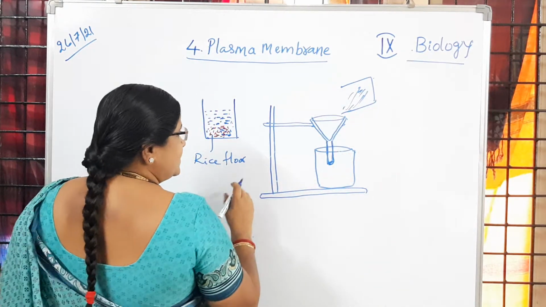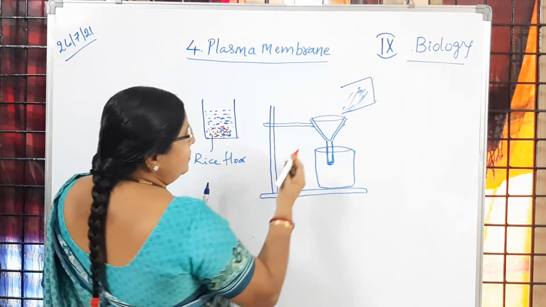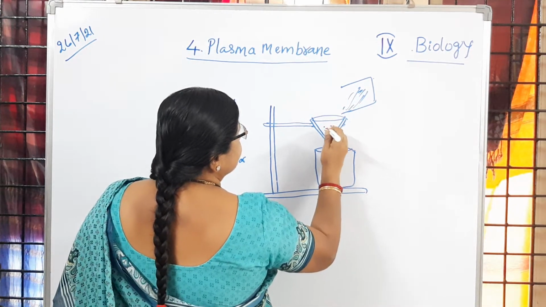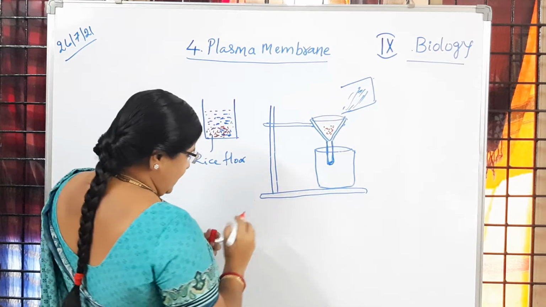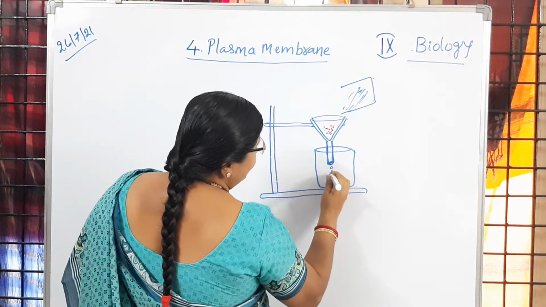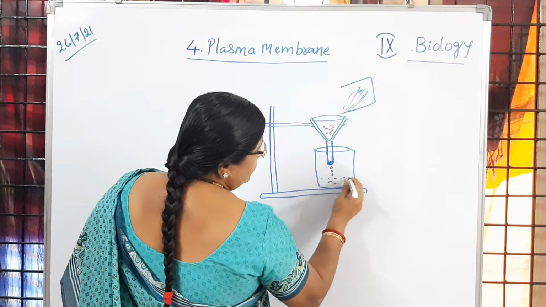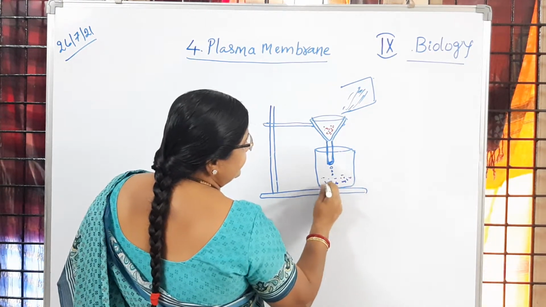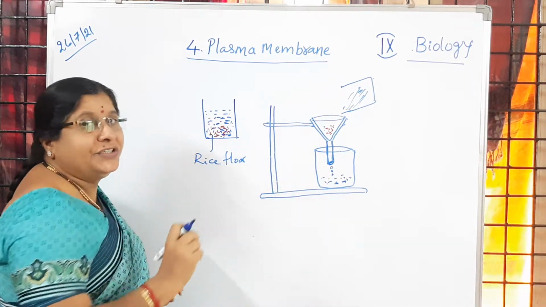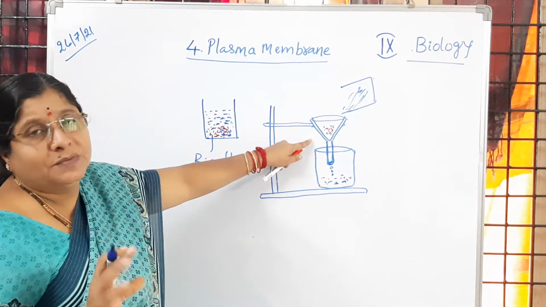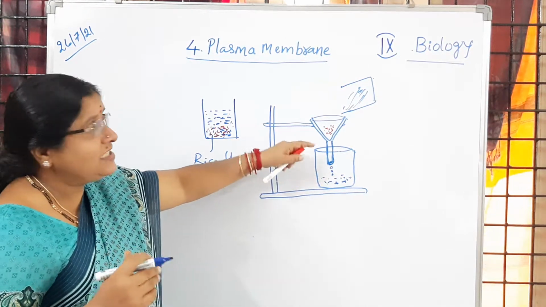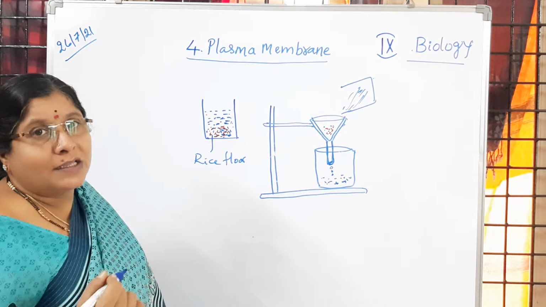So now what will be our observation? If we pour this solution here, only the liquid content is collected here, and after some time we are going to observe some residue. Residue means what has not reached this beaker, which is collected in the tissue paper or on the cloth.